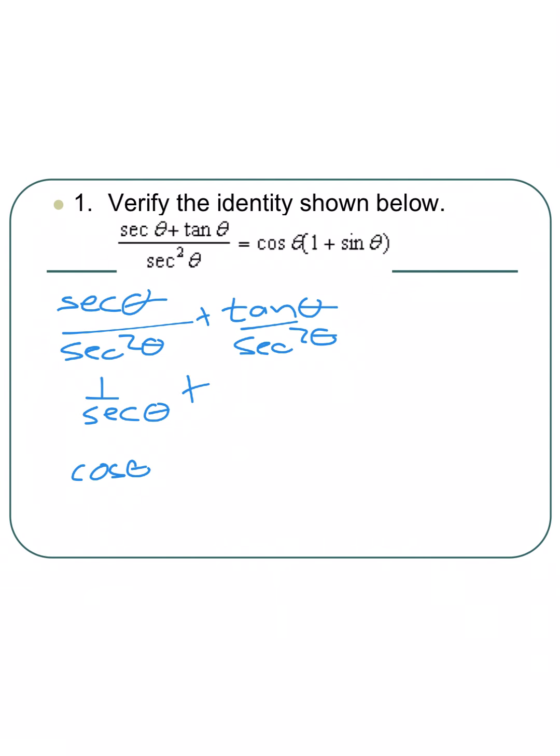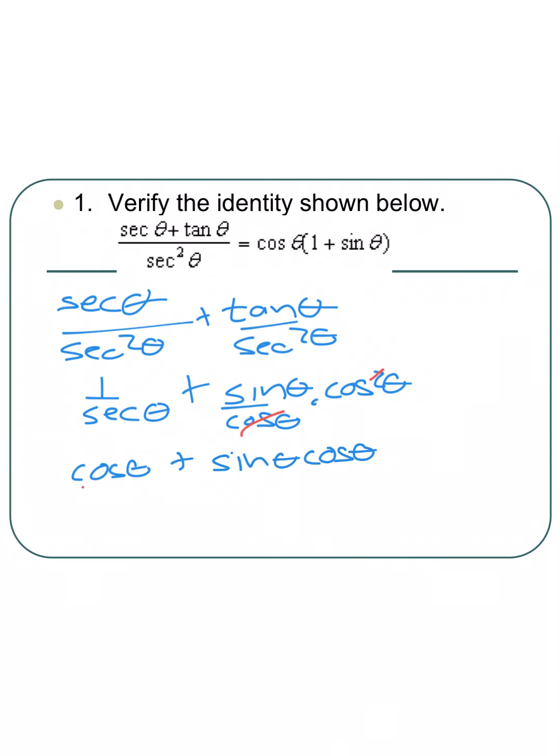For our next term, tangent is going to be the same as sine over cosine. And 1 over secant is the same as cosine. So in this case, 1 over secant squared is going to be the same as cosine squared. So I'm going to multiply by cosine squared. I can cancel out my denominator with one of my cosines in my numerator. And what I'm left with is plus sine times cosine.